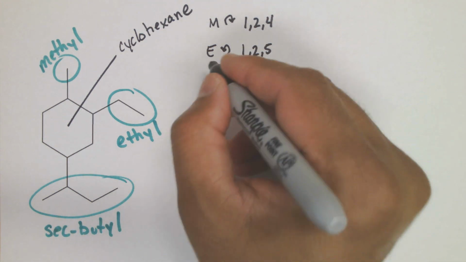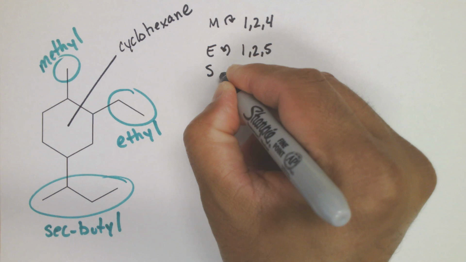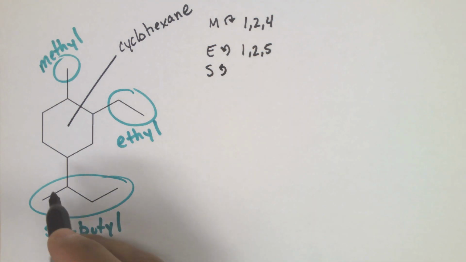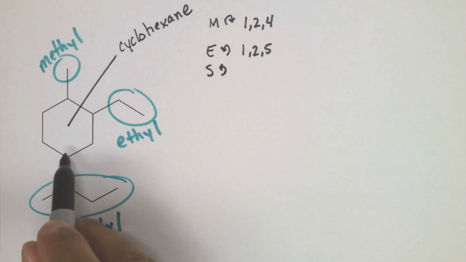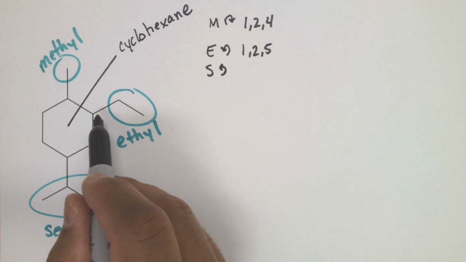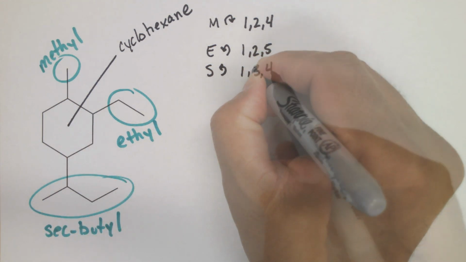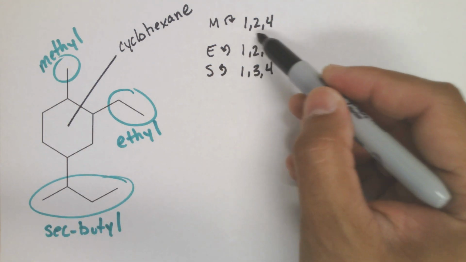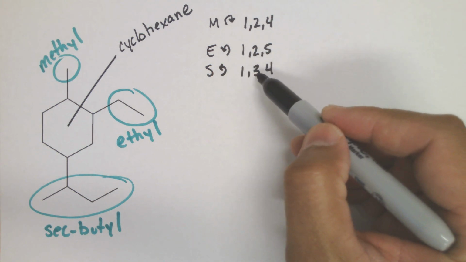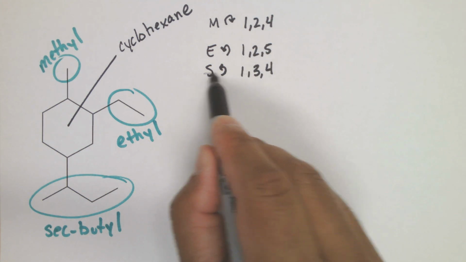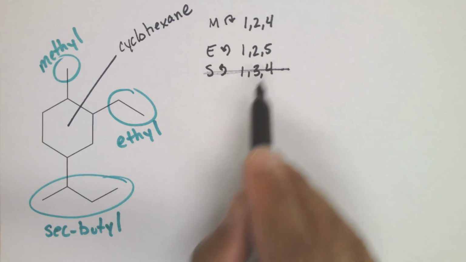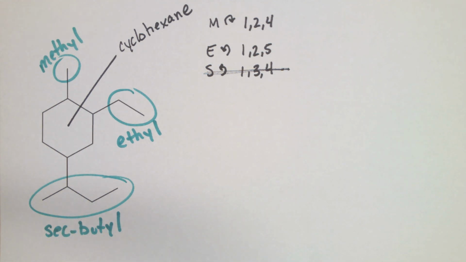If I start with the sec-butyl and count counterclockwise, my substituents would be at carbons 1, 3, and 4. And you can see here, 1 and 2 is better than 1 and 3. We want the lowest possible locants, so this is not an option, starting at the sec-butyl.